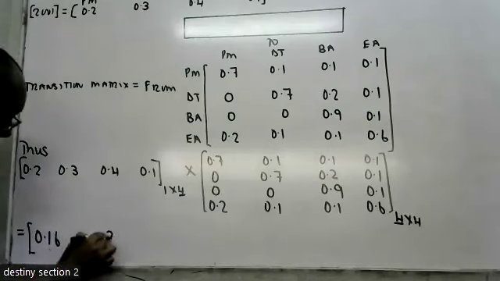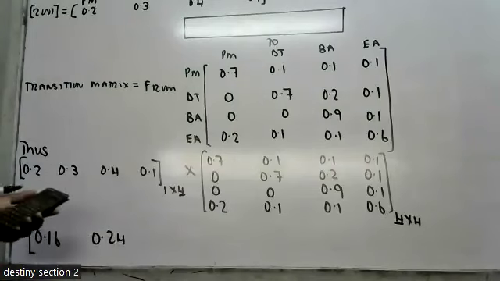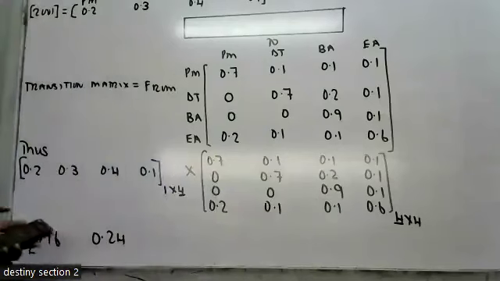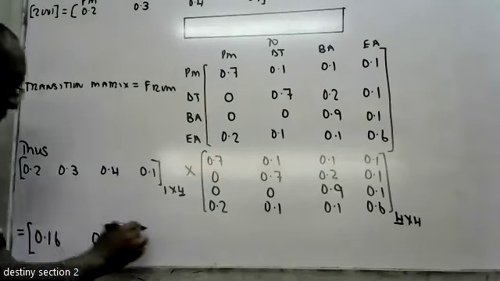I'm getting 0.24. Then I take this, I multiply by this. That will be 0.2 multiplied by 0.1 plus 0.3 multiplied by 0.2 plus 0.4 multiplied by 0.9 plus 0.1 multiplied by 0.1.